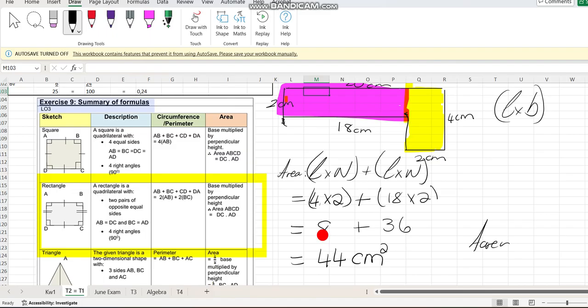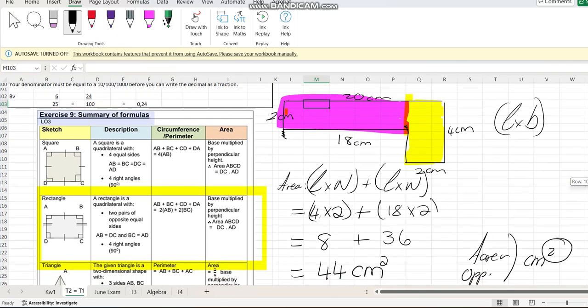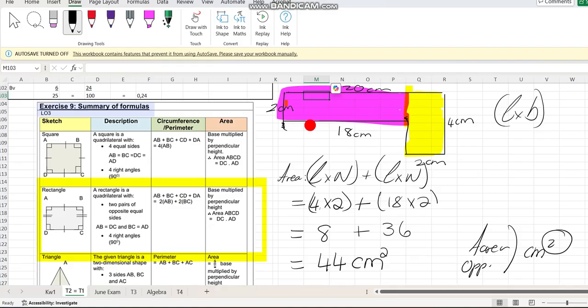Remember, area or oppervlak, you have to have the 2. If you don't have that, you don't get your mark. So practice a few of these and draw different shapes that would force you to divide your one shape into 2 rectangles, so that you can actually practice giving me the answer like that.